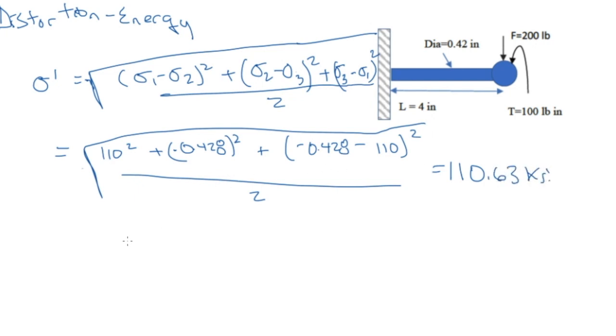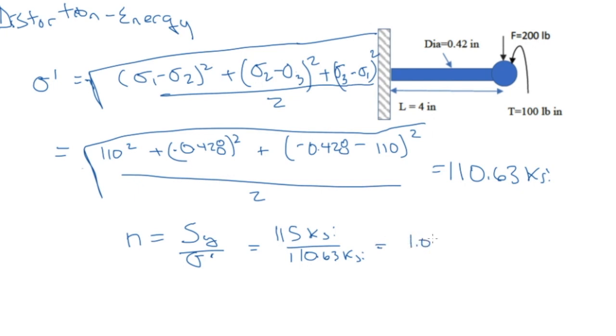So then the factor of safety for our distortion energy is sigma y, our yield strength, divided by our von Mises stress, which is 115 KSI that we were given, divided by our 110.63 KSI.